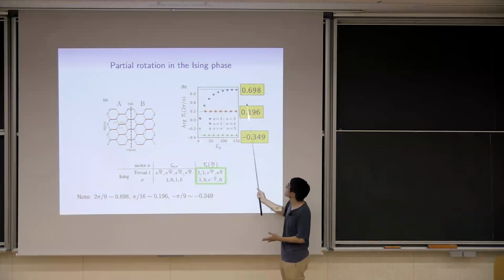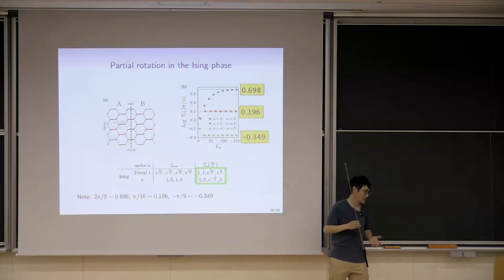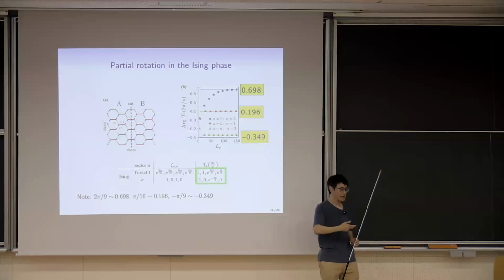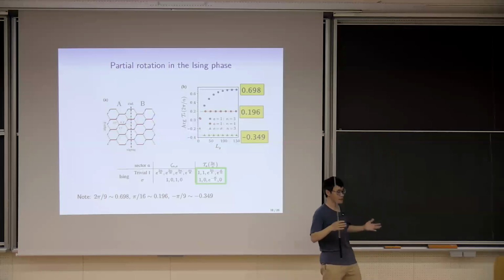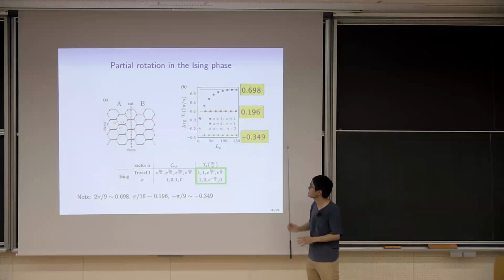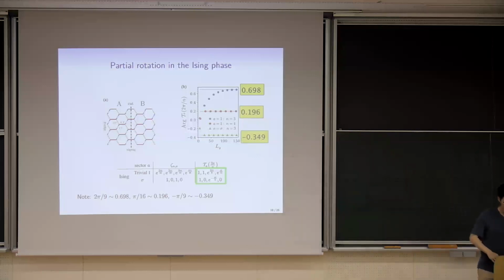If you compare this with the theory prediction listed here, that's basically what we see. Strictly speaking, our derivation depended on the assumption that the entanglement spectrum is given by the perfect CFT spectrum. In the lattice model this is not entirely true, but nevertheless, the theory prediction and the numerics agree rather well.